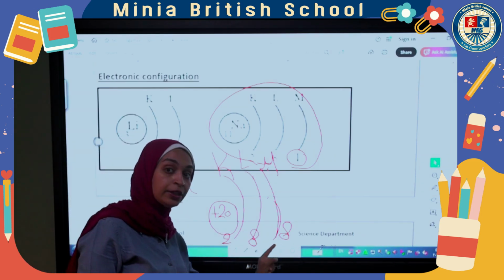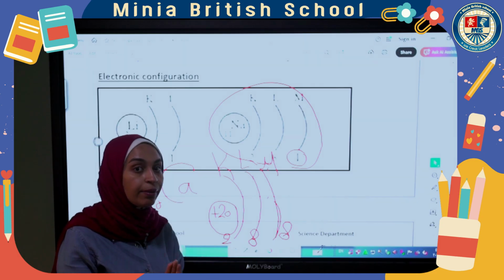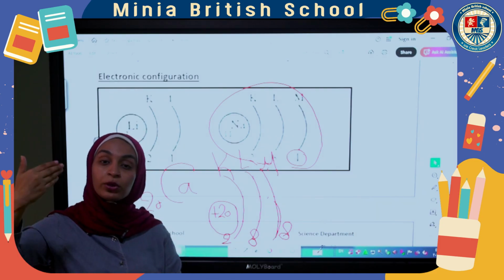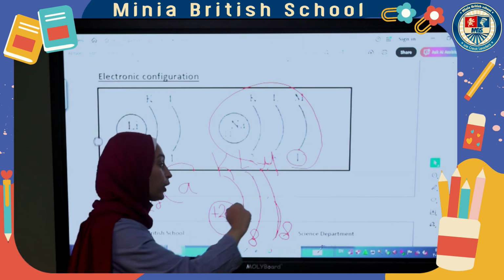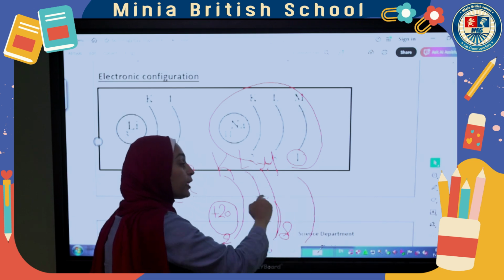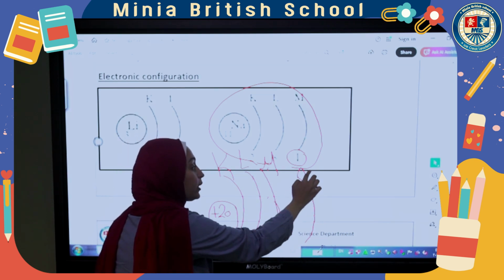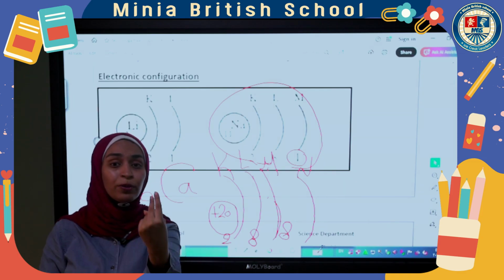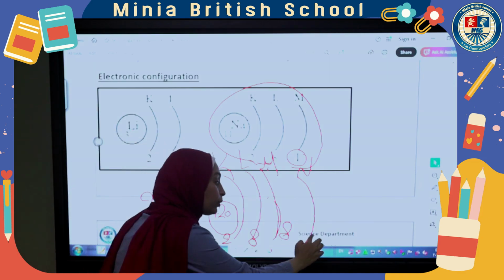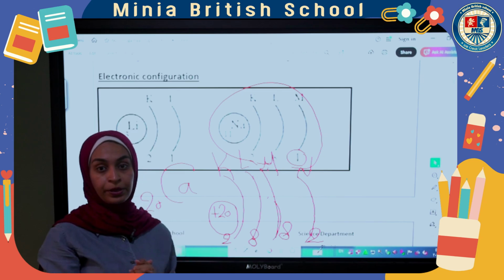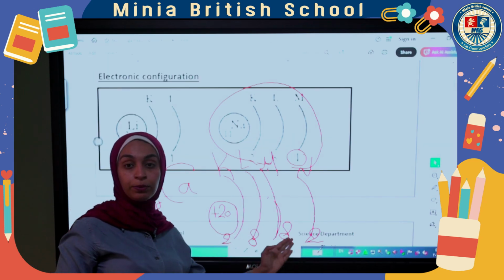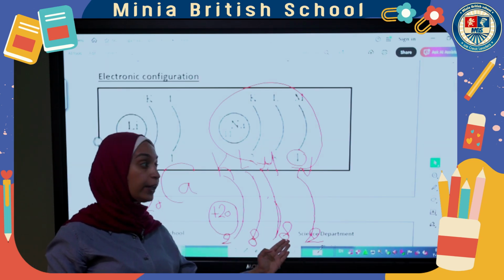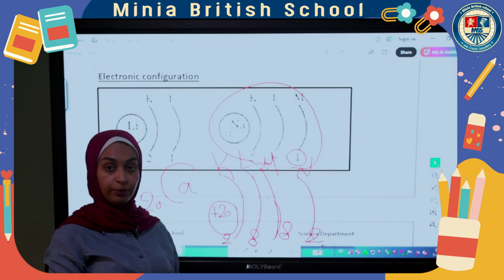Can I put 10 here? No, because the M cannot be filled with more than 8 electrons, so the rest, 2, I will complete in the next level, which is N. N can be saturated with 8 electrons, and I need to put only 2 electrons, so I will put 2 here. So this is the right distribution, or the right configuration, for the electrons for the calcium element.